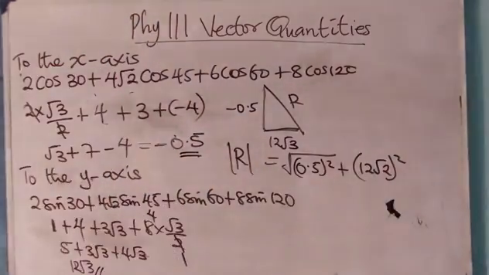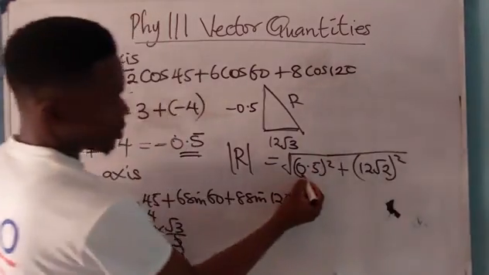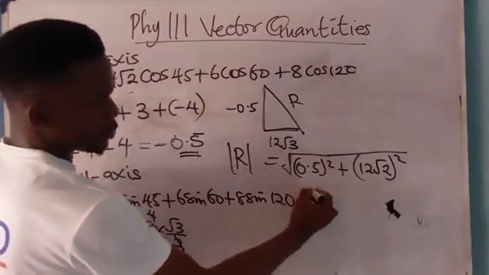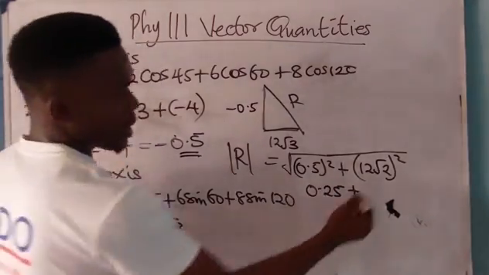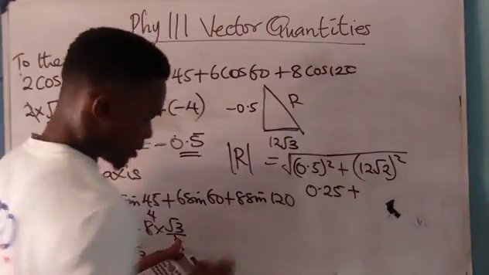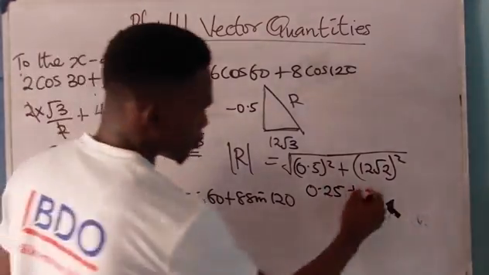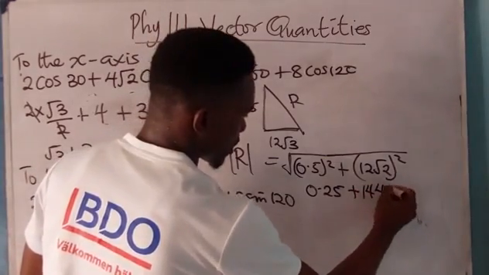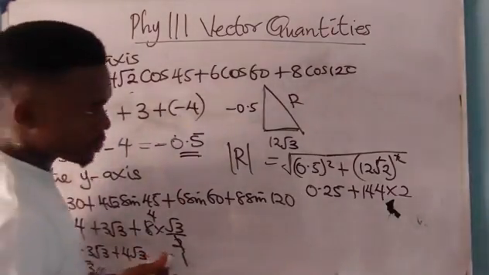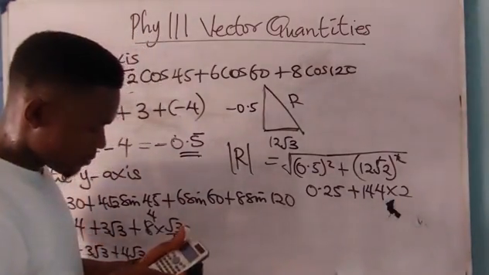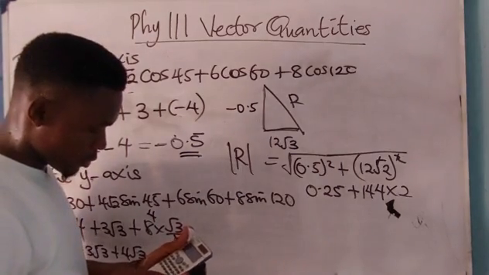Let me just write it here. So this 0.5 raised power 2 is 0.25 plus. Now these two will affect everything here. It becomes 12 times 12, that is 144. 144 times these two, remove this one, times 2. So it becomes 144 times 2 plus 0.25.